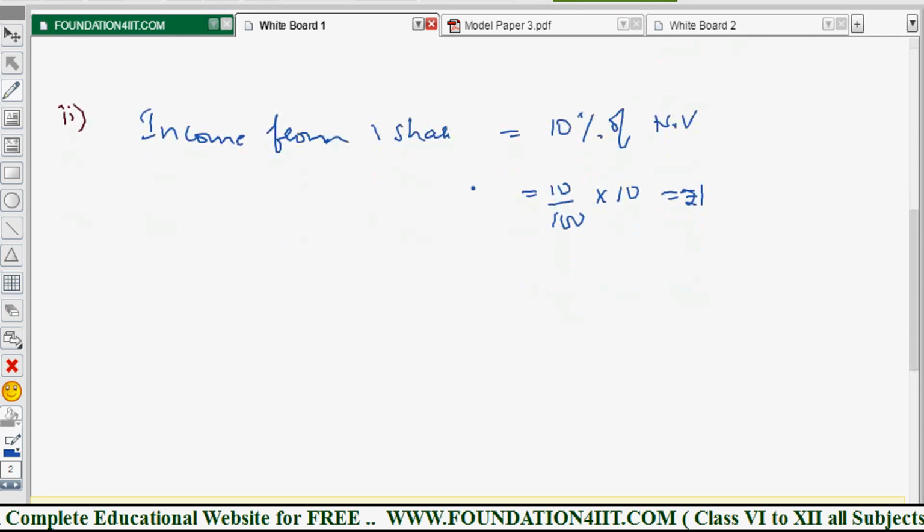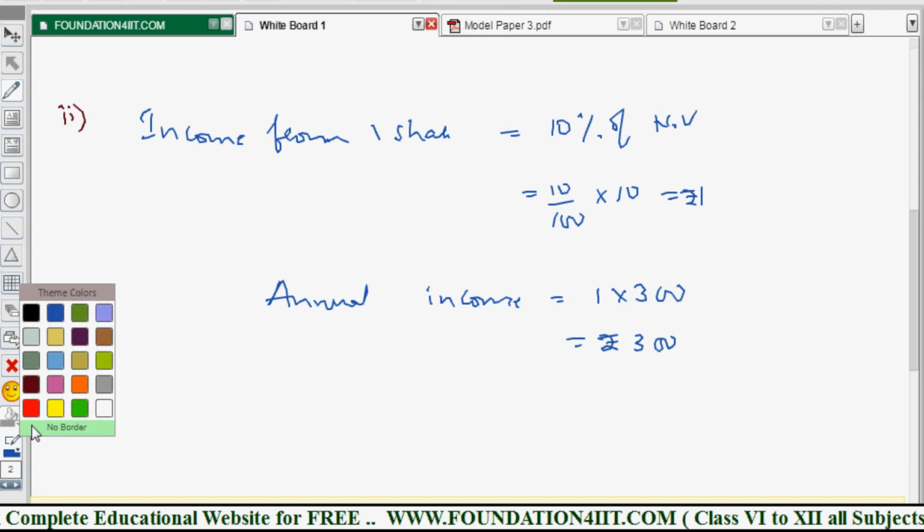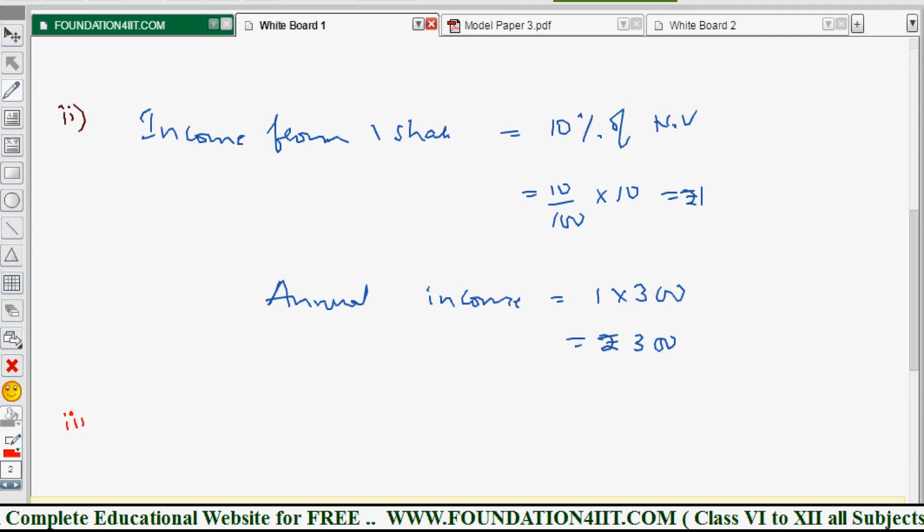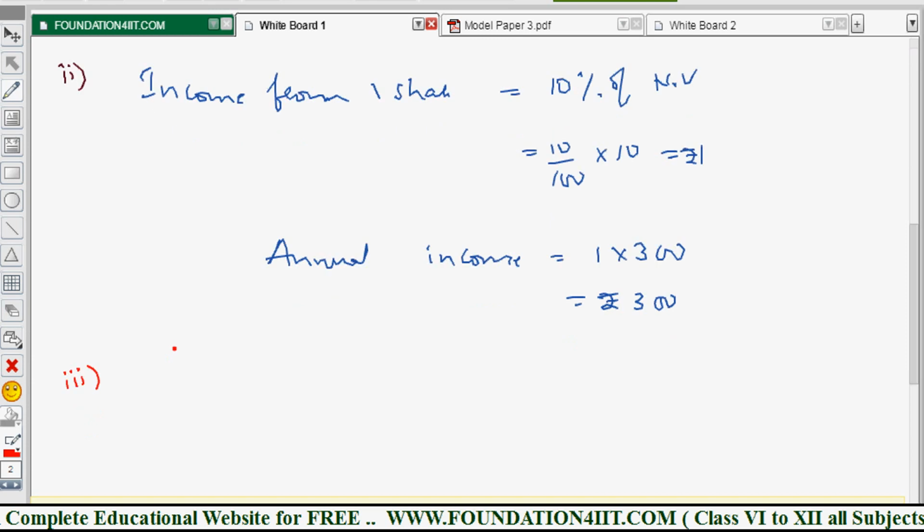We have a total of 300 shares. Then the annual income is income from one share, rupees 1, into number of shares, 300. So rupees 300 is the annual income, right? And the next one is the rate of interest.